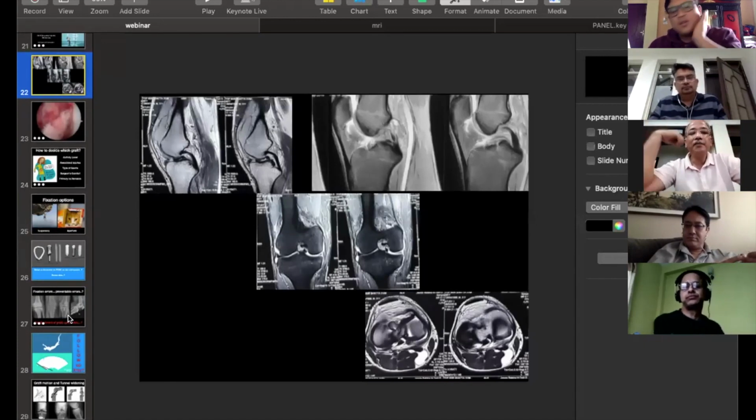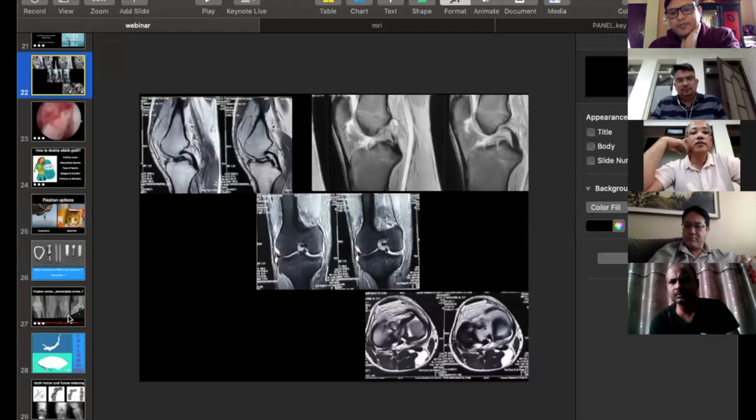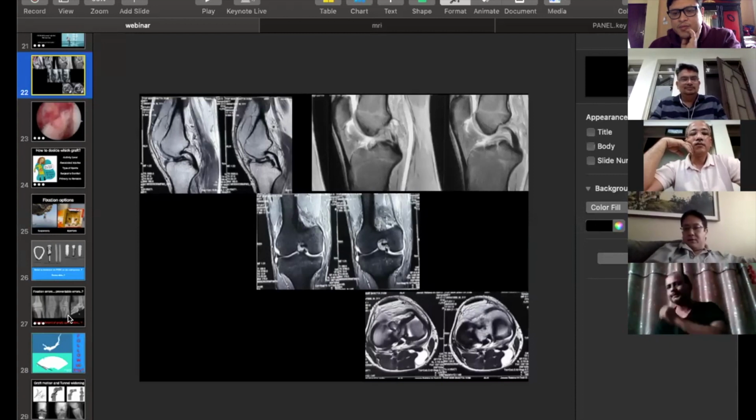Ishwar sir, I think you would like to answer this question. Yes, sir. I quite agree with Dr. Sudeep. You have to do your MRI reading yourself. You should not believe what the radiologist is reporting, because you are the first person who sees the patient, and you should be corroborating your clinical finding with your MRI finding.